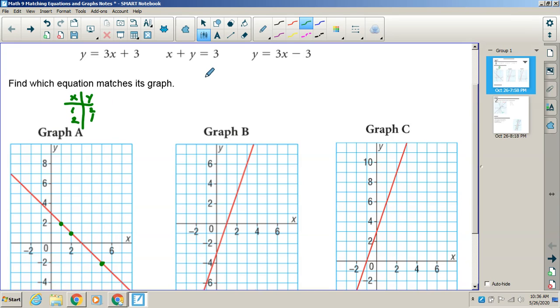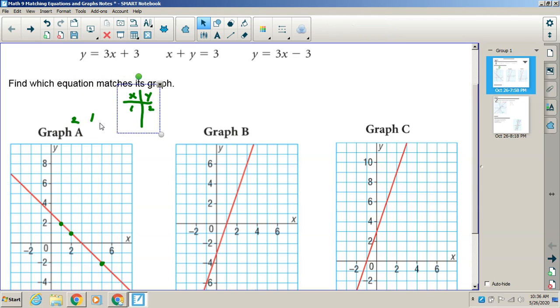I'm just going to grab this and move it so I can actually work with it. 2 and a 1. And I think the last one we said was 5 and -2.